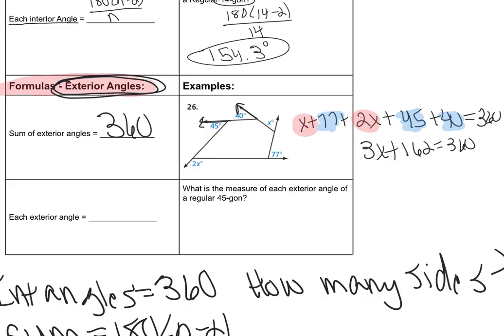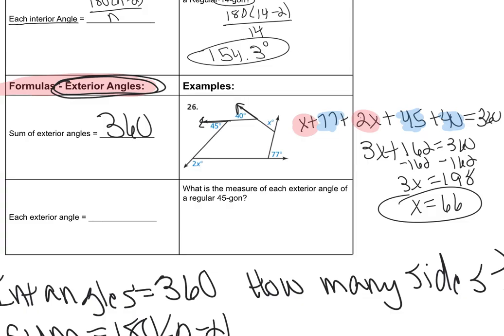If we subtract 162 from both sides, we get that 3x equals 198. And if we divide by 3, we get that x equals 66, which would mean that this angle here is 66 degrees. That one would be twice that. So we can always go back and double check if we want to.